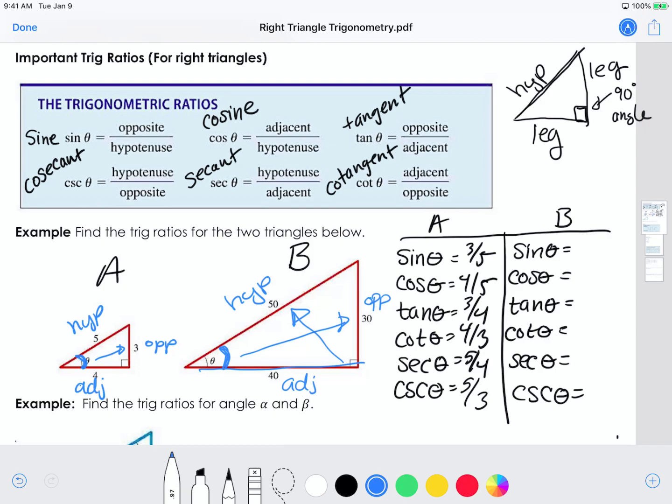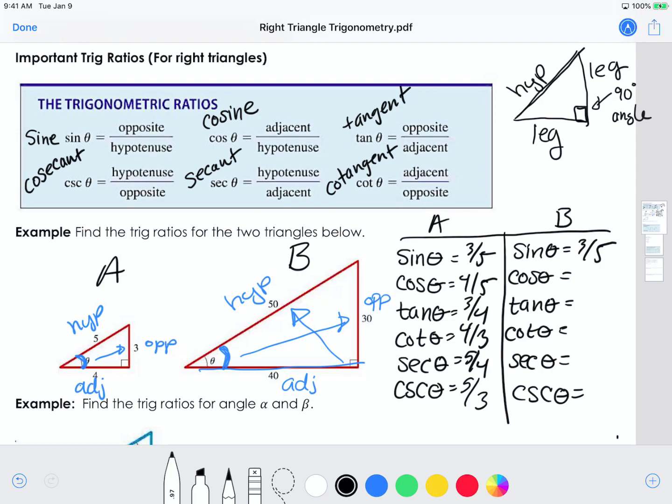So if you look at the sine for triangle B, the sine is defined as opposite over hypotenuse. So if I take the opposite, which is 30, over the hypotenuse, which is 50, that's 30 over 50, and when I reduce it, I get 3/5. So I'm going to find that I get all the same answers once I reduce it.